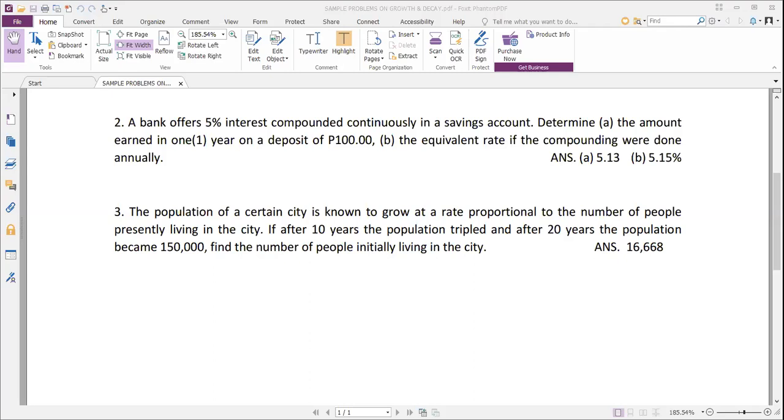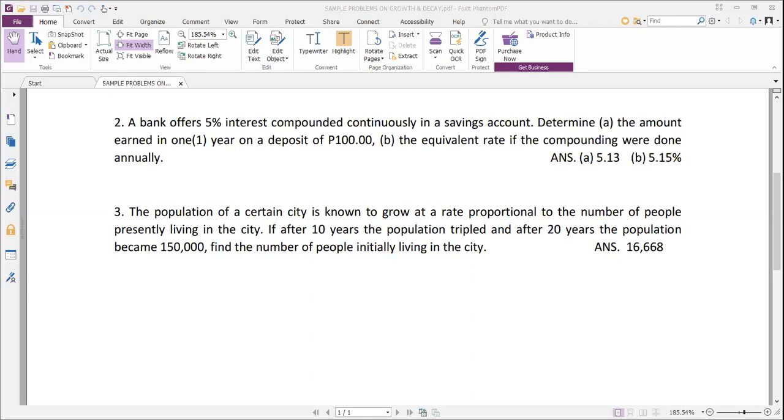So for the city, it says that after 10 years, the population, if we will represent it as A, tripled. So in algebra, then it would be 3 times the initial. Okay, it tripled. Then next is after 20 years, the population is 150,000.